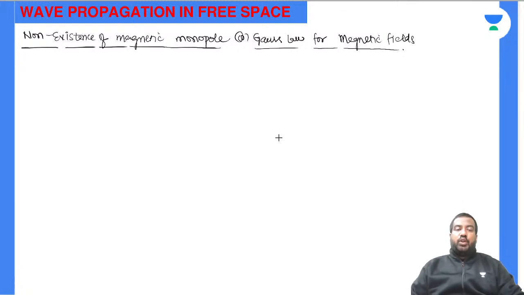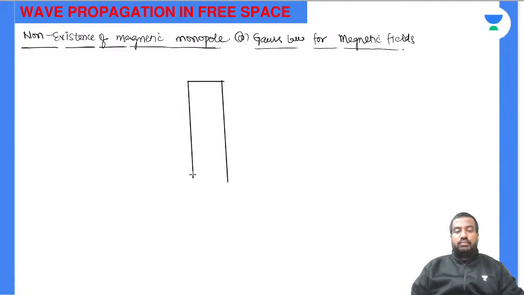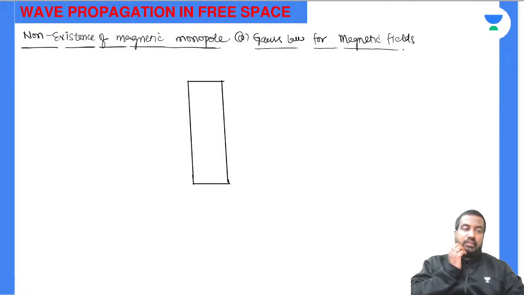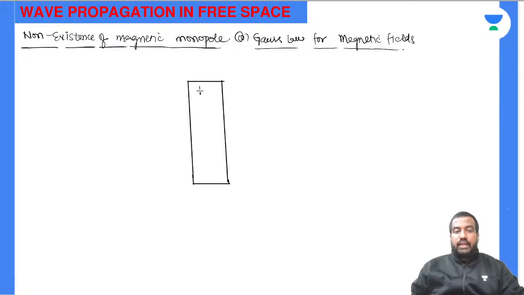Non-existence of magnetic monopole. It states that in a magnet, a monopole does not exist. Always, both North Pole and South Pole. You'll have both the poles, North Pole and South Pole. A single pole will not exist.